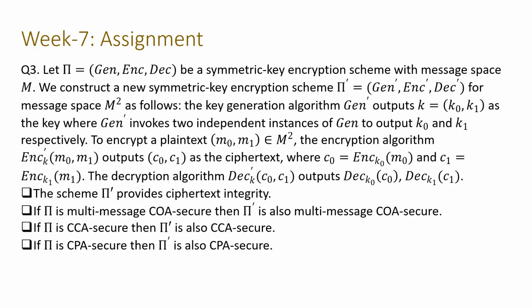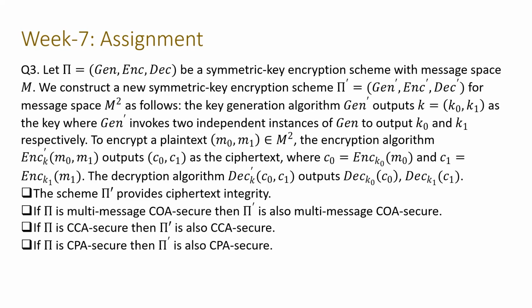And then the fourth option is if pi is CPA secure, then pi dash is also CPA secure. This is again true, just in a similar way as we argued for multi-message COA security. Here also in case of CPA security, the bunch of ciphertext it can see using the encryption oracle is nothing but a set of ciphertext under key K0 and a set of ciphertext under key K1 with respect to the basic scheme pi.